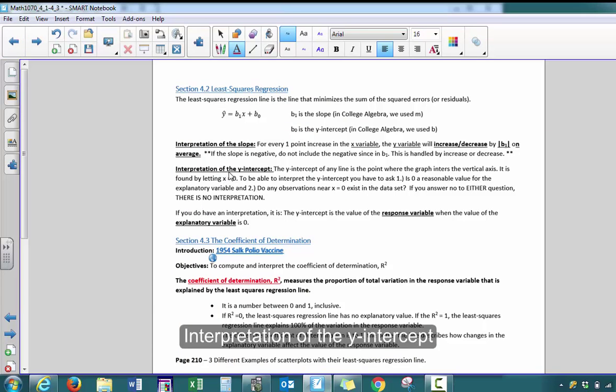Your interpretation of the y-intercept depends on two questions. Just like in college algebra, the way you find your y-intercept is you set x equal to 0. So in order to determine if you have a y-intercept interpretation, you have to answer both of these questions. Is 0 a reasonable value for your explanatory variable? Because the way we find our y-intercept is by setting x to 0.